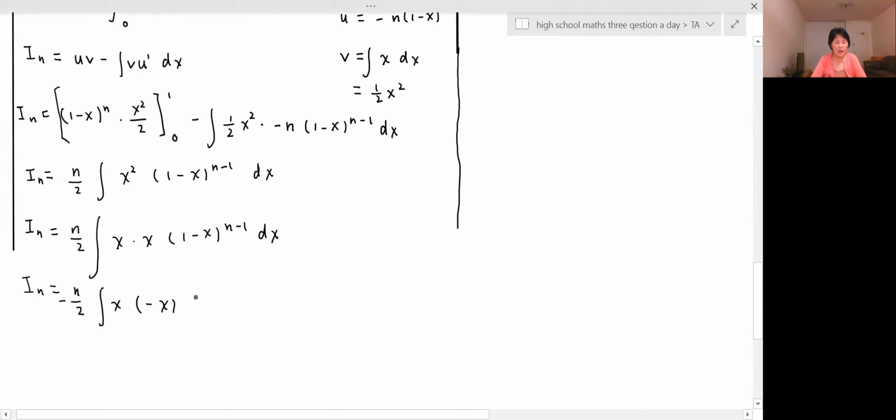Then this one, I can make it 1 minus x. Then I_n will be equal to minus n on 2. So the x is still here. This one, I can plus the 1 minus x.